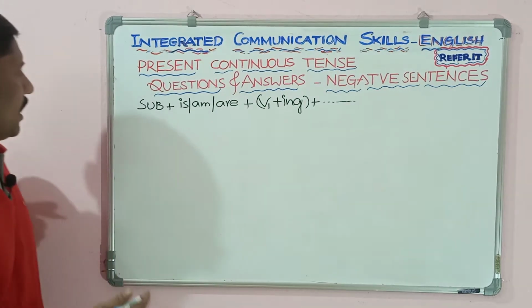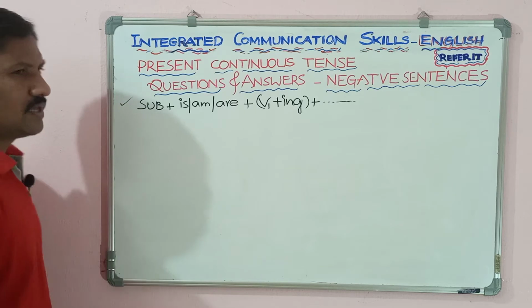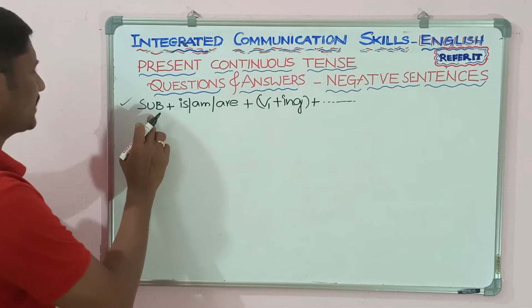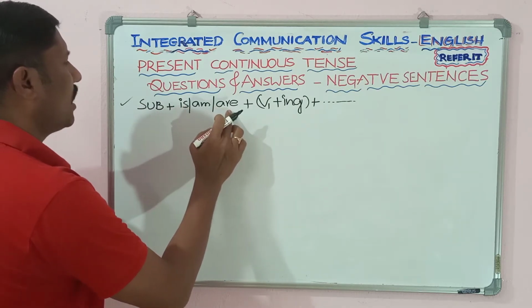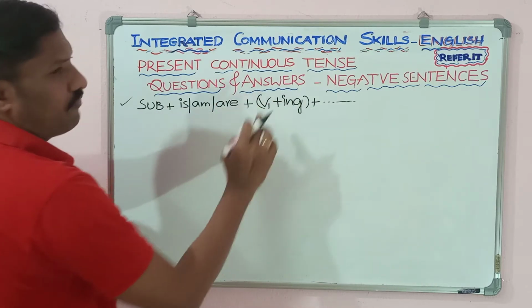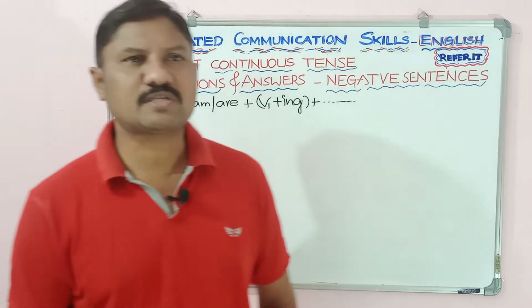Okay, let me remember the structure of this present continuous tense is subject plus is or am or are with V1 plus ing form. So this is the structure of the present continuous tense.